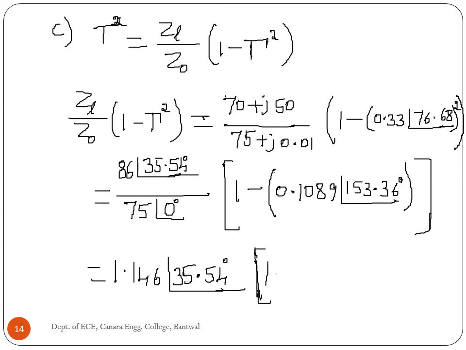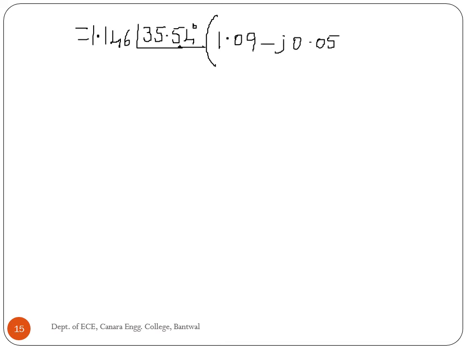We will get minus 0.097 plus j0.05. From the previous line, 1.146 angle 35.54 degree, and simplify: 1 minus of (minus 0.097 plus j0.05), we will get 1.09 minus j0.05.